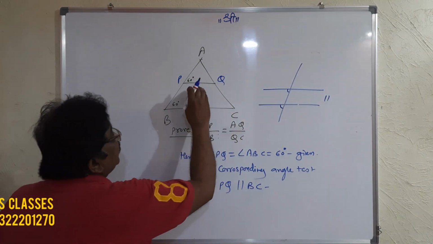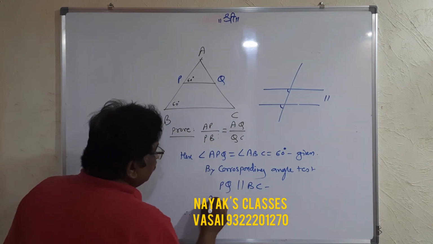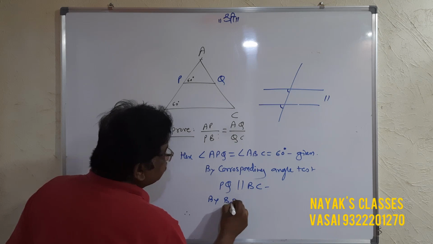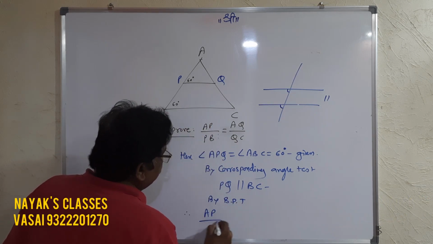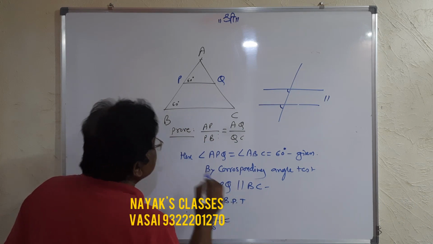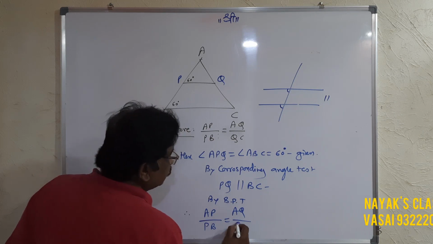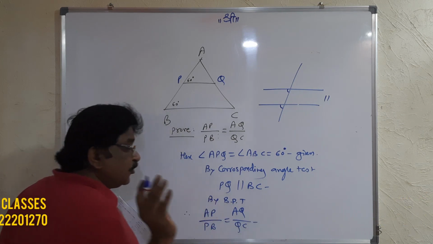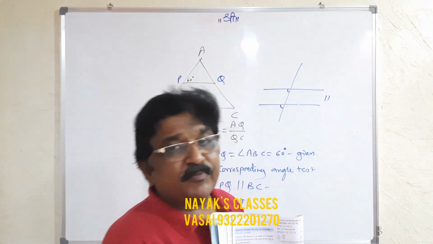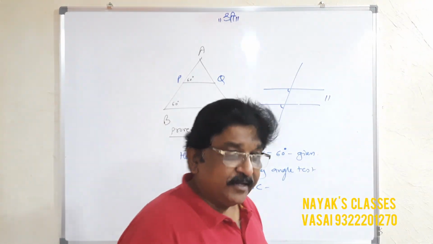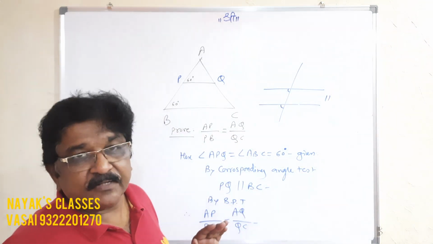Now, when PQ is parallel to BC, therefore by BPT, AP upon PB is equal to AQ upon QC. It is proved. So we have used the 9th standard corresponding angle property, as well as the 10th standard BPT.